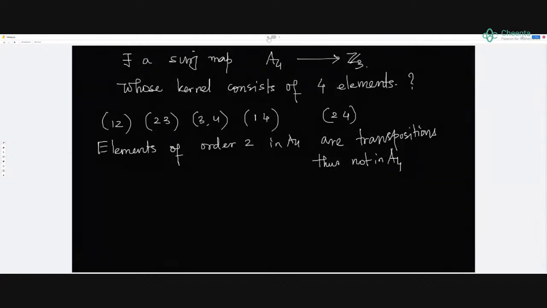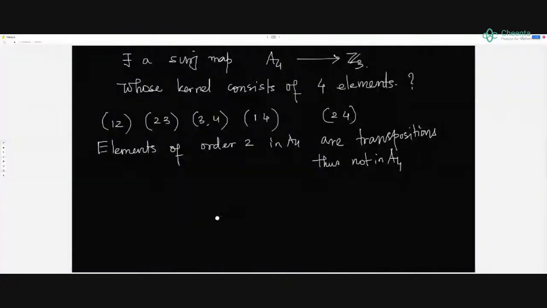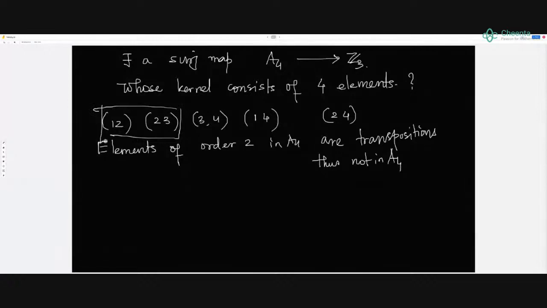So what will the order 2 elements be? The order 2 elements will be products of these type of things in A4 that are transpositions, thus not in A4.